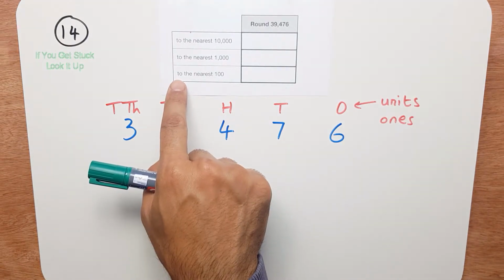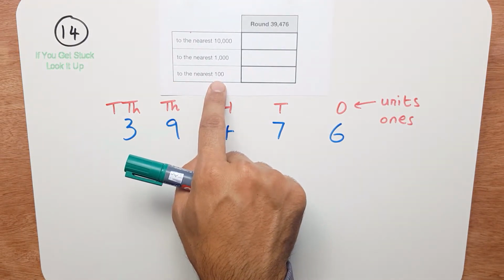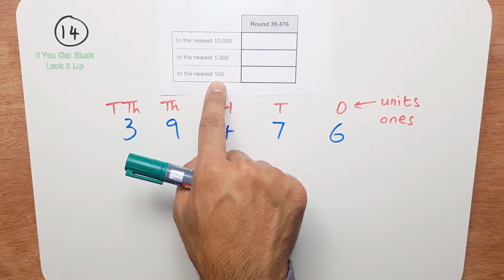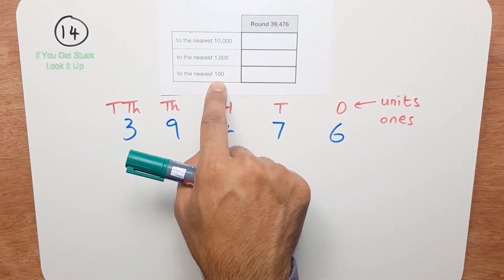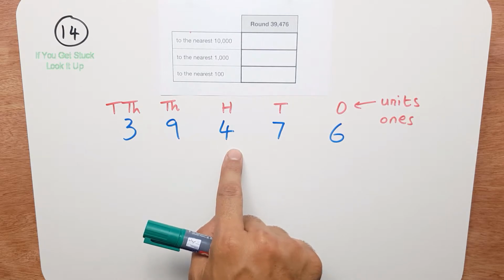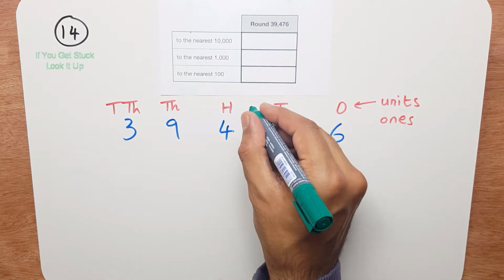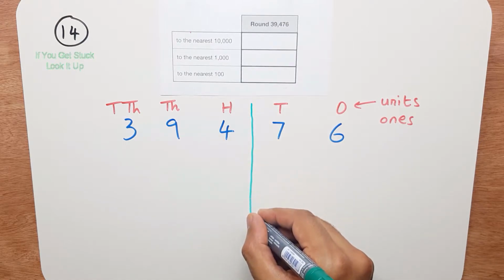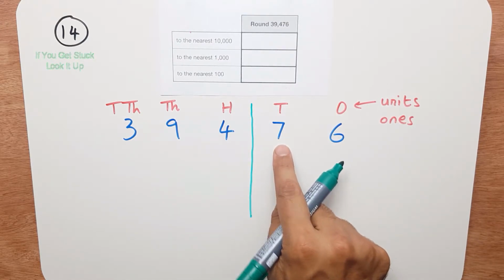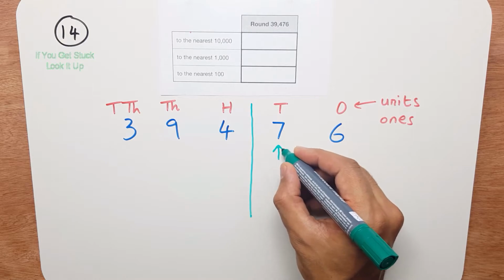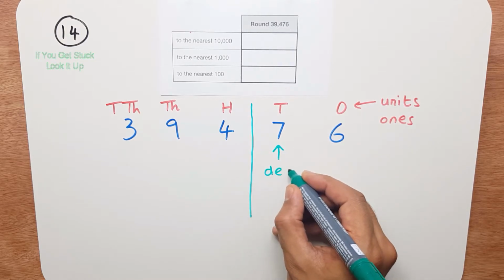So now we'll look at the last part of the question, where we'll round it off to the nearest 100. And the way I like to do this is I go to the hundreds column and I put a line to the right. Now this digit here is what you call the decider.